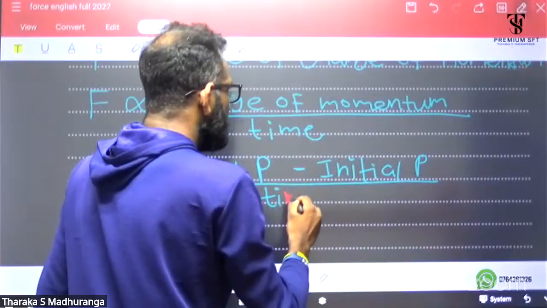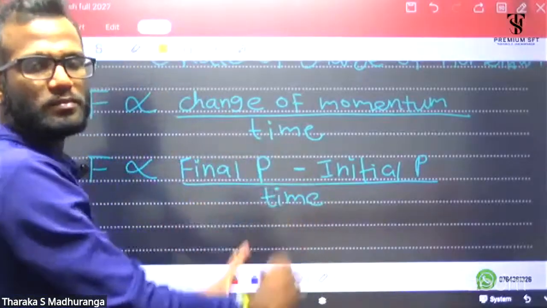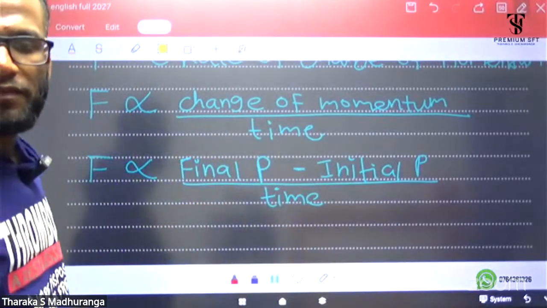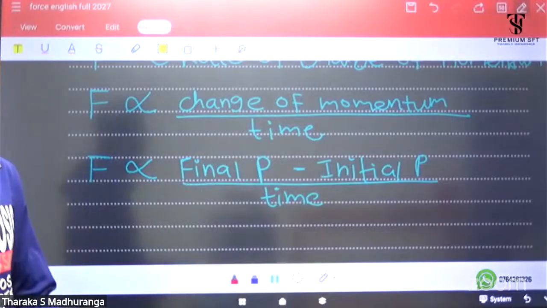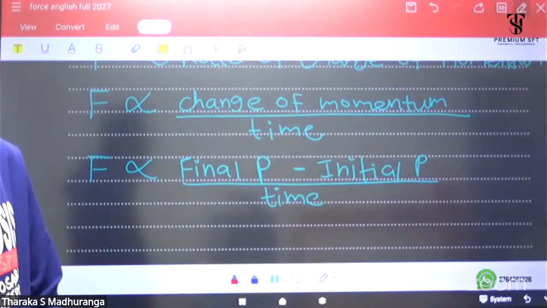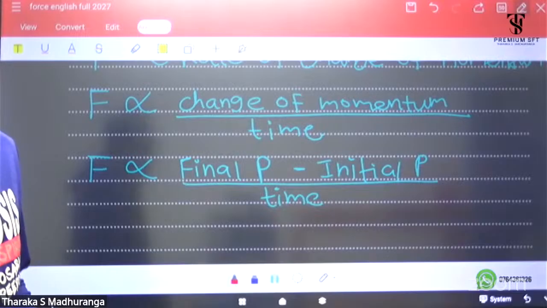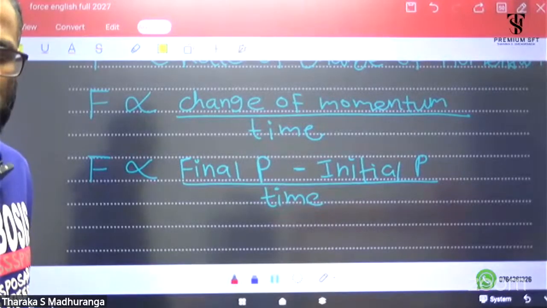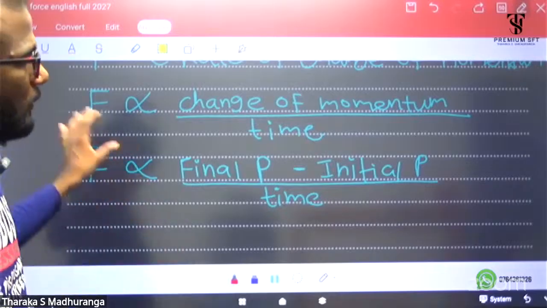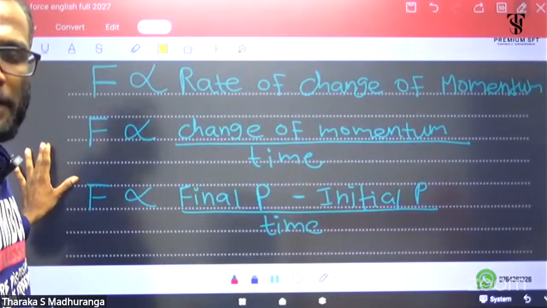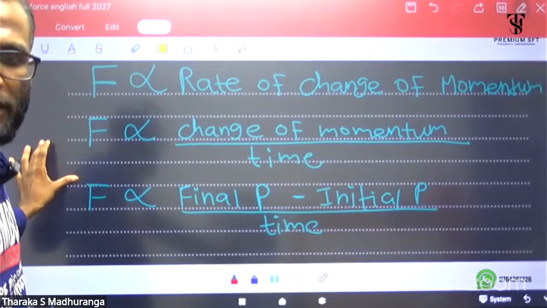This is the rate of change of momentum. Understood, Joel? Dihini, are you clear? Rate of change of momentum?